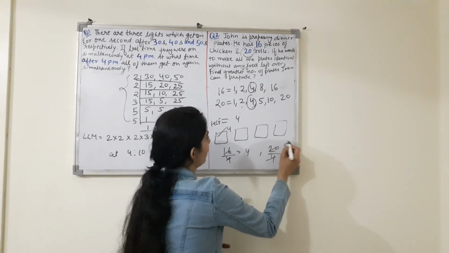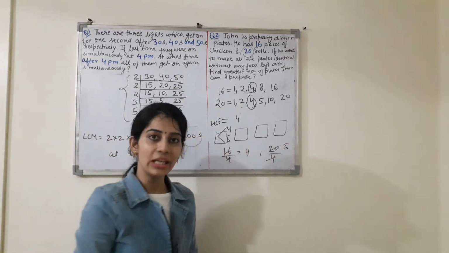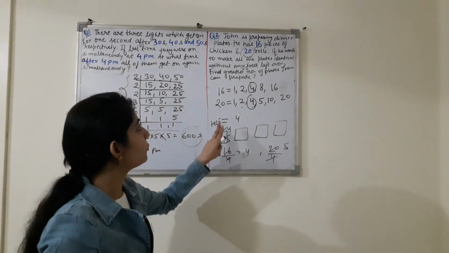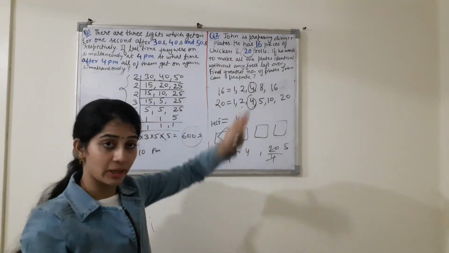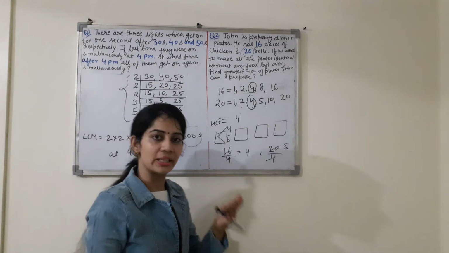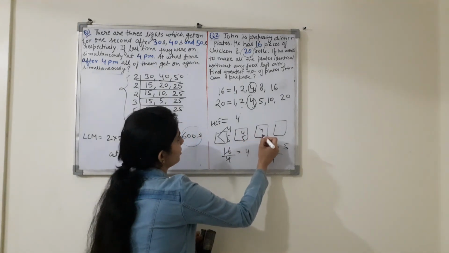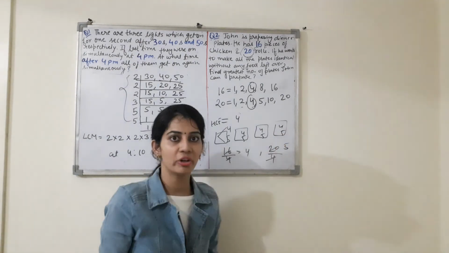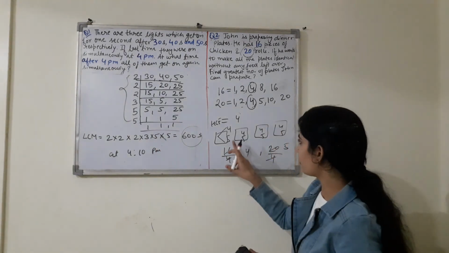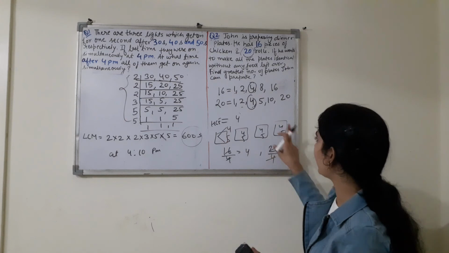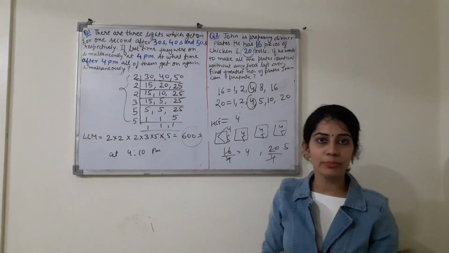So it will be 5. It means in each plate there will be 4 chicken pieces and 5 pieces of roll. So no plate will be left over with any item. The sum of these items will be the addition of these numbers, right?